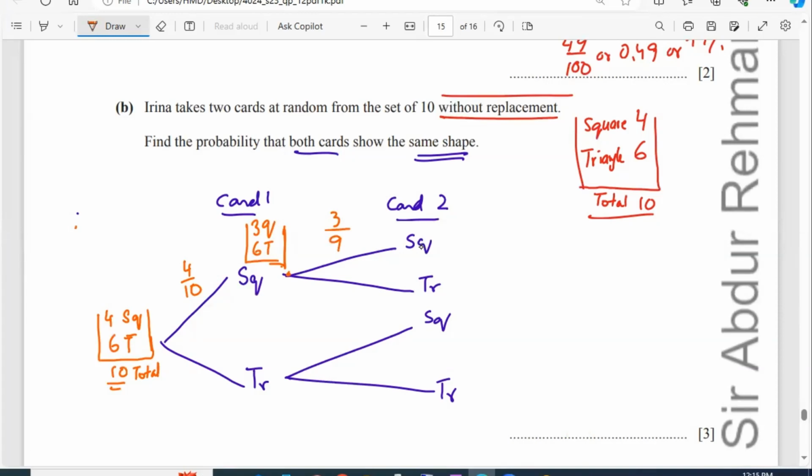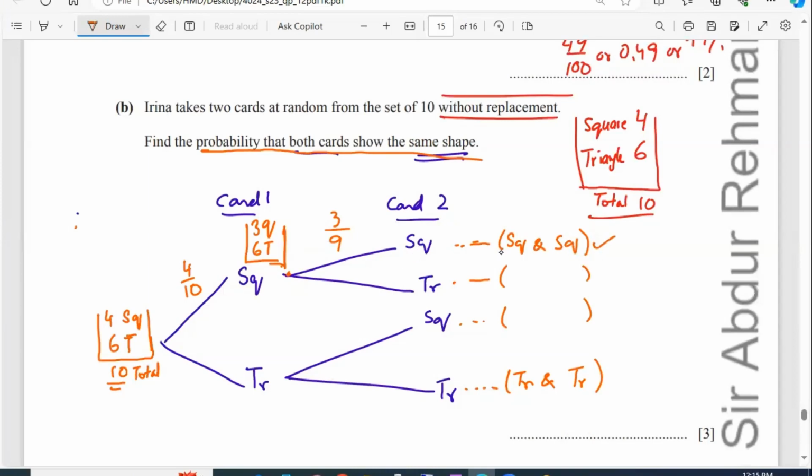In this question, we have to find the probability that both cards show the same shape. So the outcomes we need are square and square, and triangle and triangle. No need for the other parts, right?